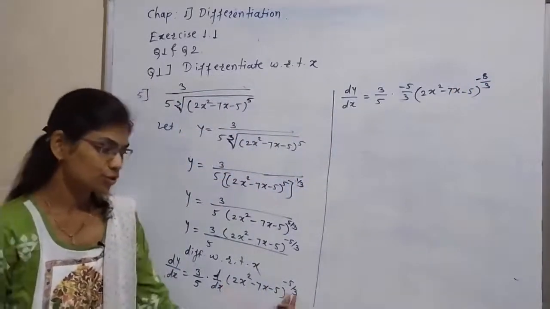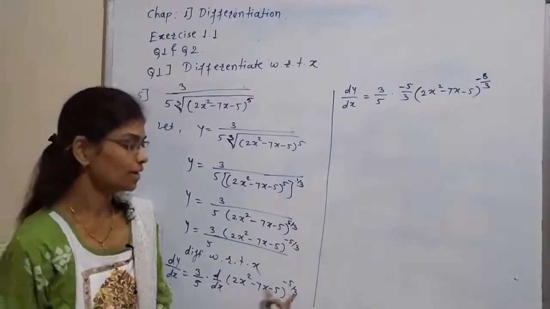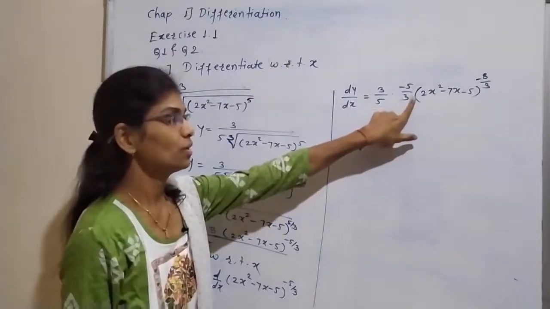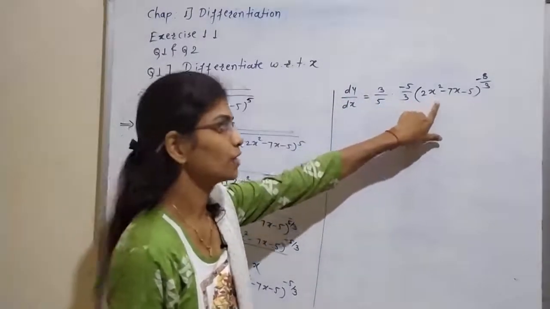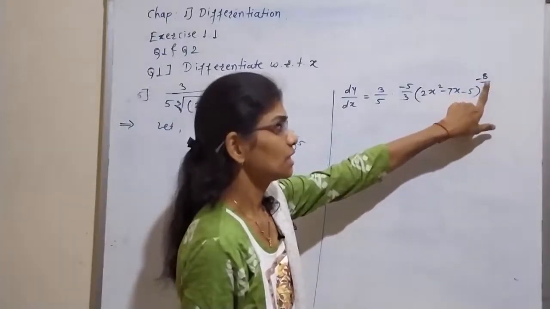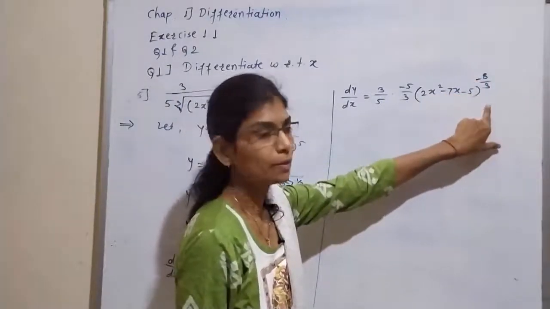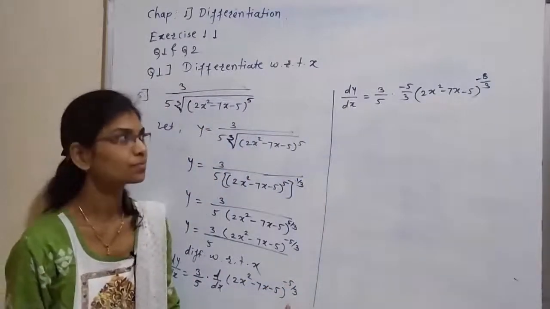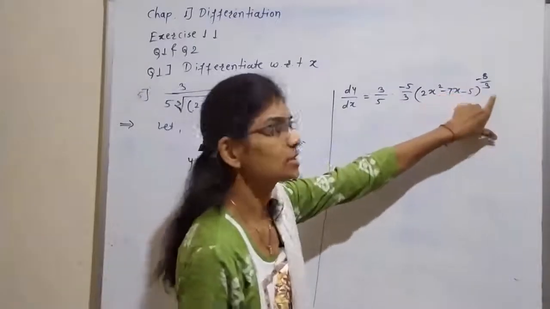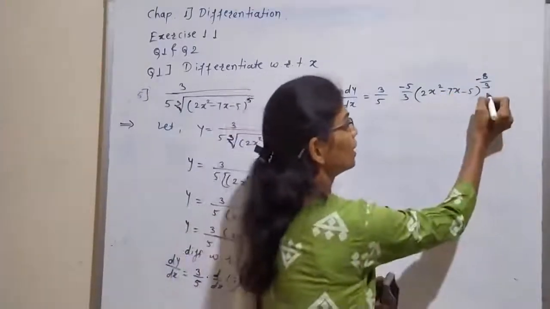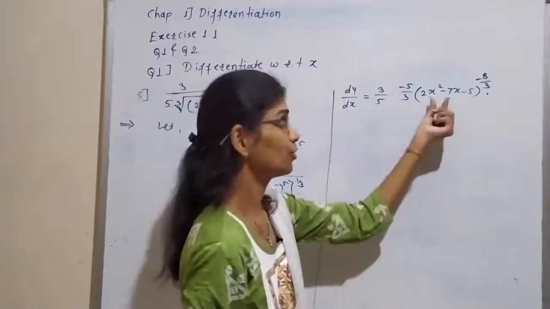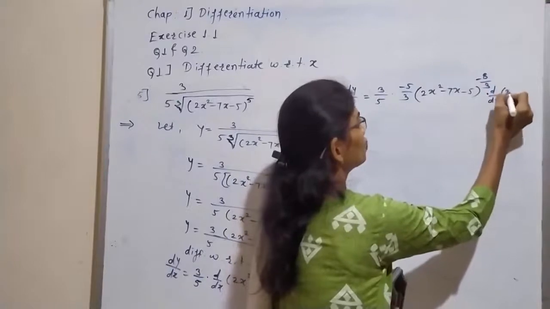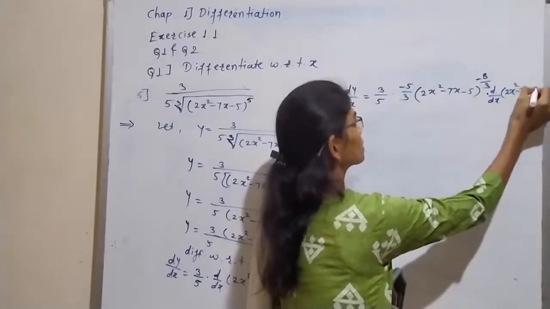Using the formula, we find the derivative as the index multiplied by the whole function with its index less by 1. Its index is minus 5 by 3, which less by 1 becomes minus 8 by 3. Into, again, the derivative of the main function, that is the derivative of 2x² minus 7x minus 5.